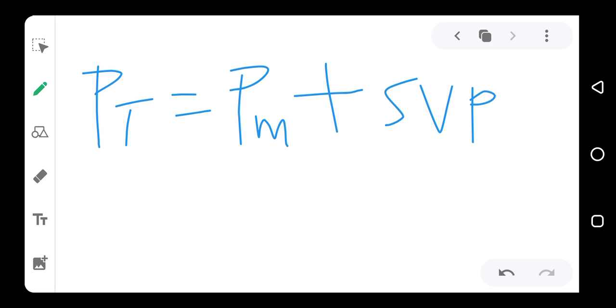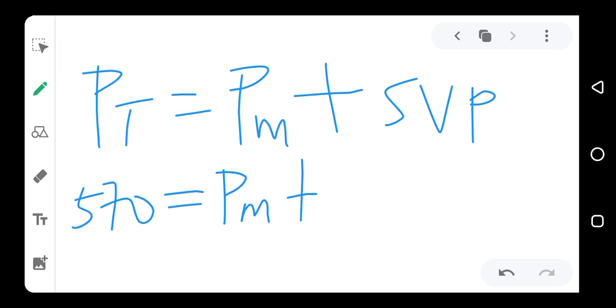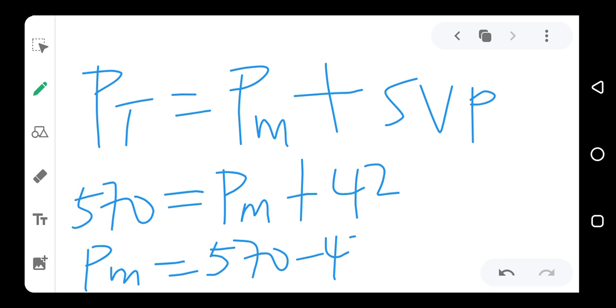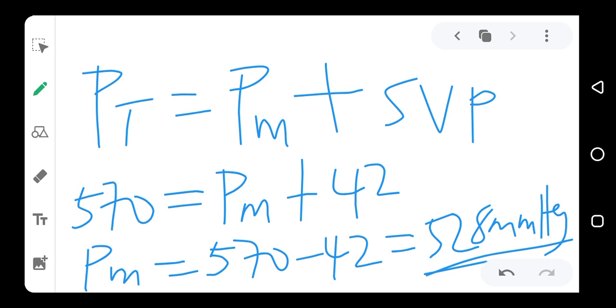So we have our total pressure as 570, and this is equal to PM, we are looking for it, plus saturated vapor pressure, 42. So we have that our PM is equal to 570 minus 42, and this gives us 528 millimeter mercury.